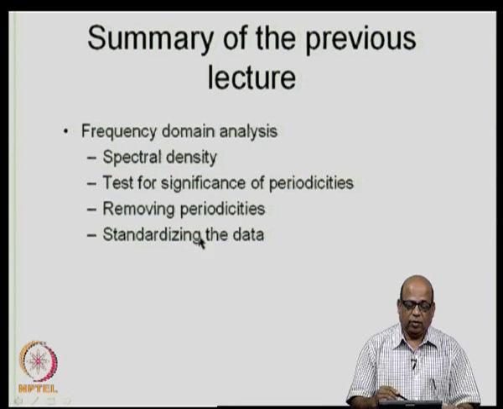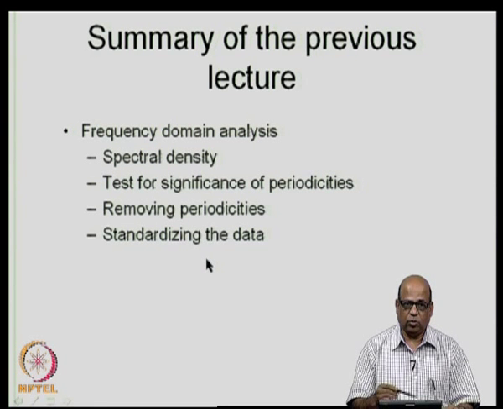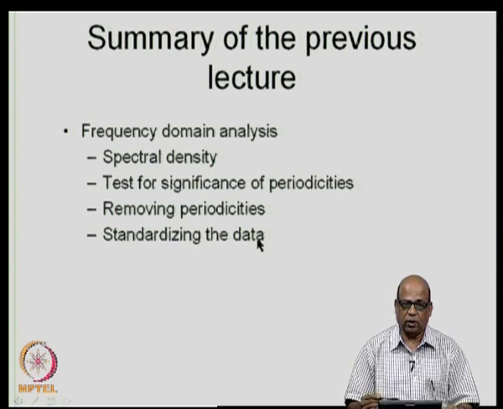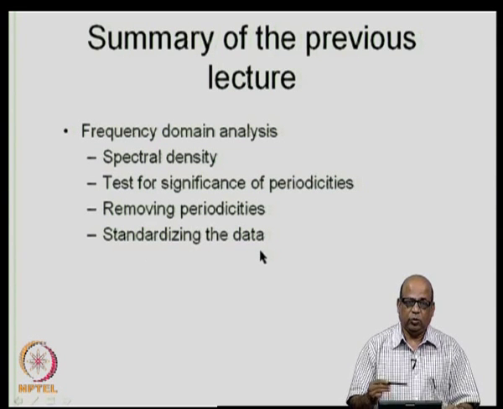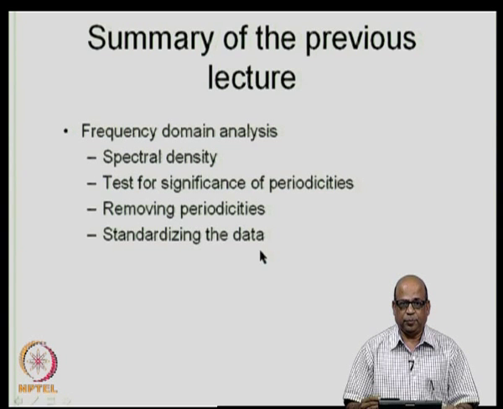We examined what happens by standardizing the data, how the correlogram looks, and how the spectral density or the line spectrum or the power spectrum looks for the standardized data vis-a-vis those for the original data. Towards the end of the last lecture, we were discussing a numerical example of estimating the power spectrum and identifying the periodicities. So, we will continue with that example.